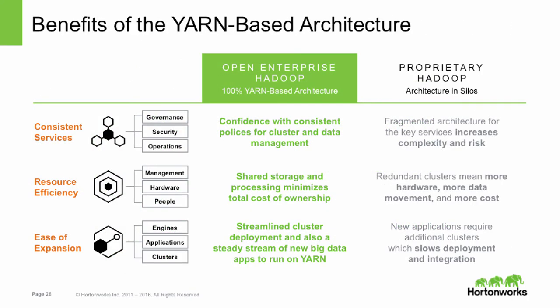And just some basics on the left side here: efficiencies and how easy to expand, and why this is much more appropriate than proprietary Hadoop. When we say proprietary Hadoop, obviously we're talking about solutions that may be either 100% proprietary or some combination, but just as much historical Hadoop would fit in this as well. So ease of expansion is a great one to imagine, and it comes from resource efficiency.